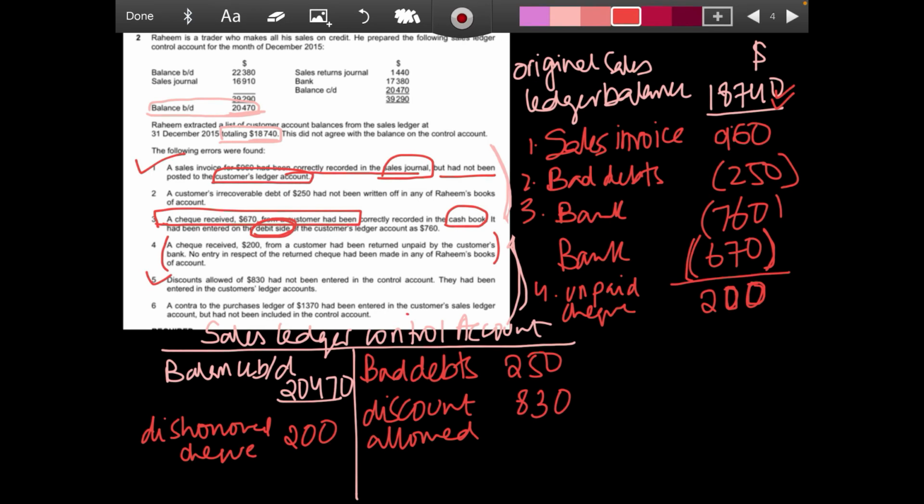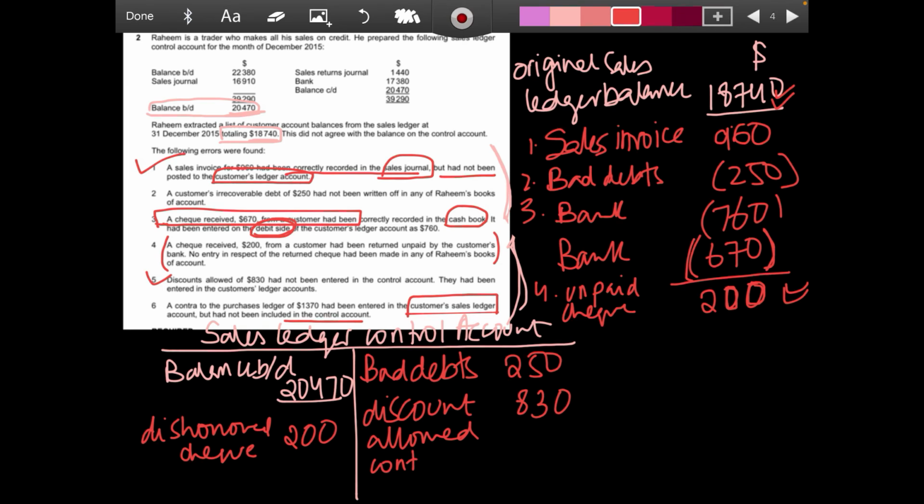Next, a contra to the purchase ledger of 1370 had been entered in the customer's sales ledger. This means that the individual ledger was not affected by this error, so no need to adjust that side, but it had not been included in the control account, so we have to include it in the control account.